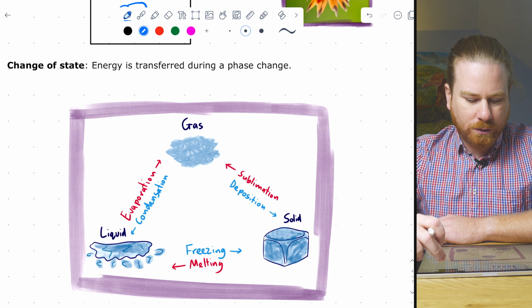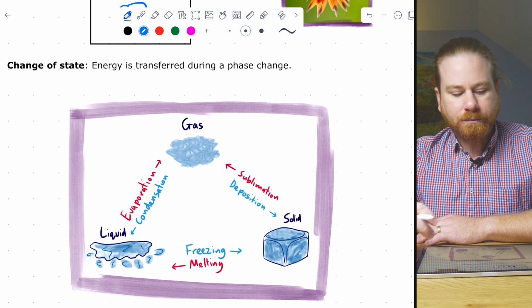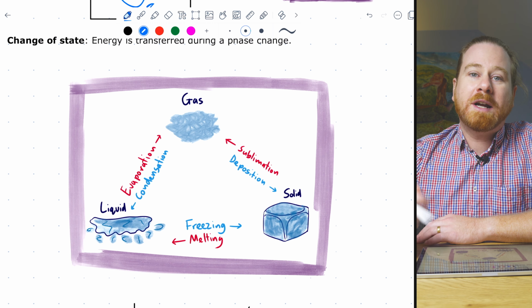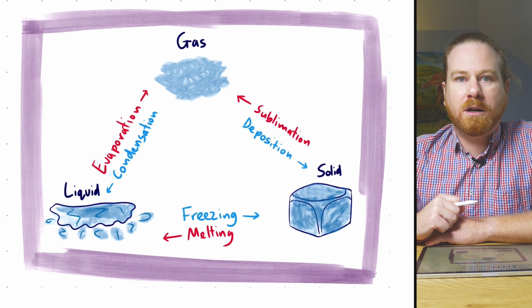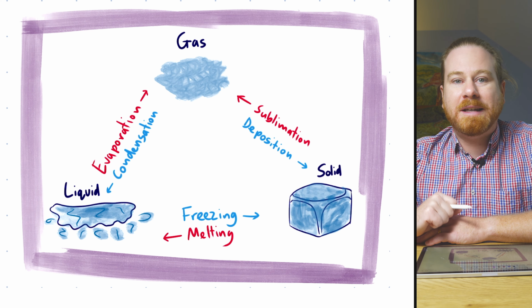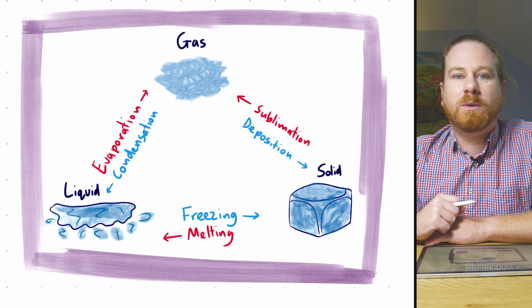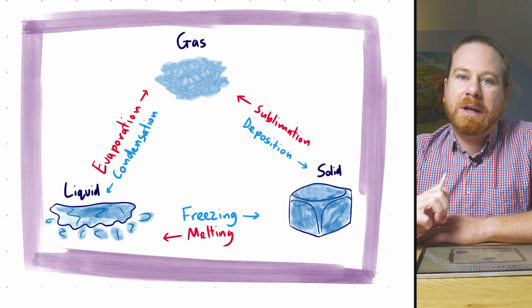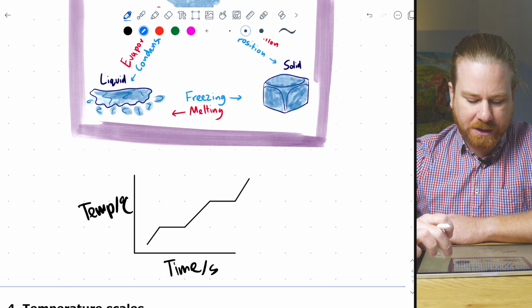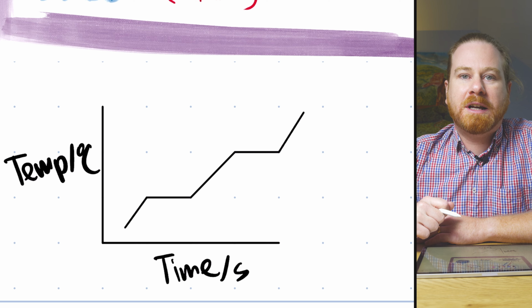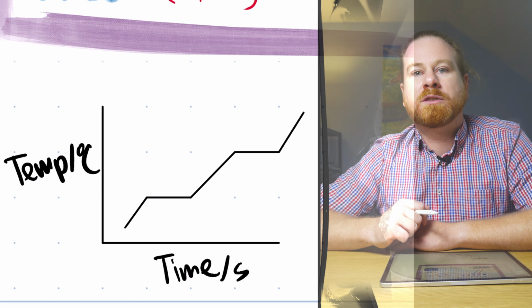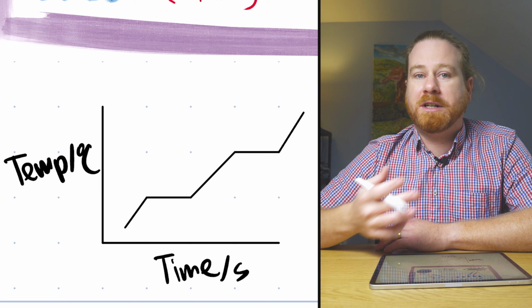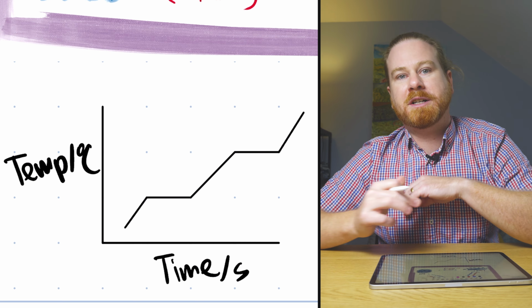Okay, so on to almost the final thing, change of state. Energy is transferred during a phase change. All the red words here are for when you are applying heat energy, and blue are for when you are taking the energy away. And then remembering at a phase change, so here's our phase change graph, energy is also needed, either given out or taken in, because phase changes all require a swap of energy.